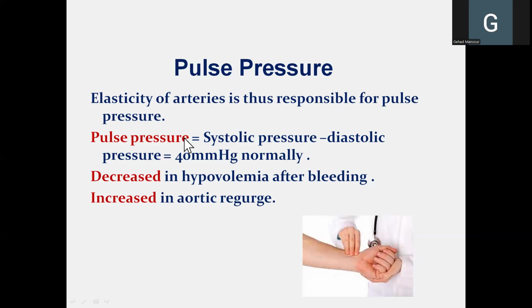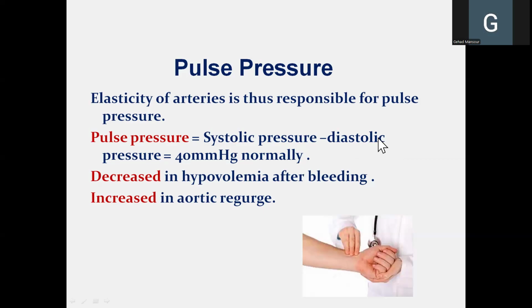And the value of the pulse pressure is nothing but systolic pressure minus diastolic pressure. Normally, the systolic pressure is 120 millimeters mercury, and the normal value of the diastolic pressure is 80 millimeters mercury, and therefore the pulse pressure is around 40 millimeters mercury normally.